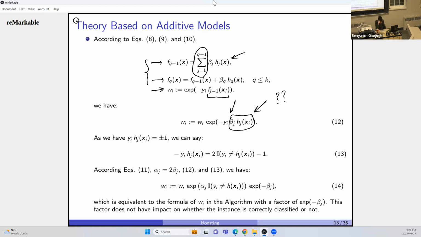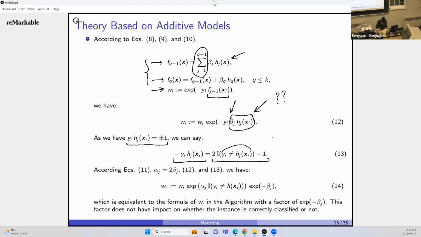But thank you. Accepting this, what happens? As we have y_i h_j(x_i) is plus or minus 1. Why? Because y_i and h_j, the target label and the estimated label, are either plus 1 or minus 1, so their multiplication is either plus 1 or minus 1. Then we can write minus y_i h_j(x_i) as 2 times the indicator function of misclassification minus 1. Why?